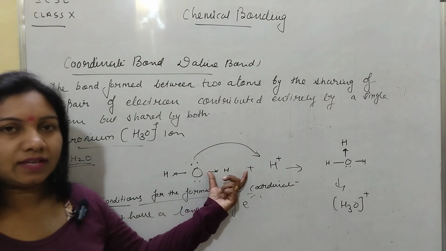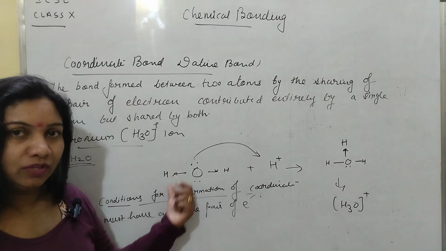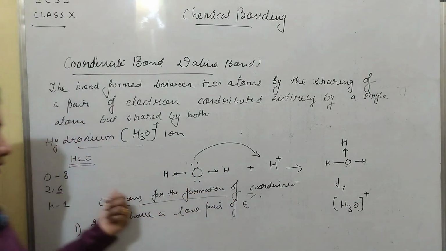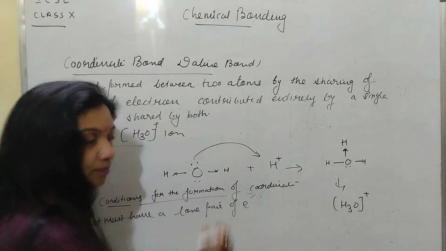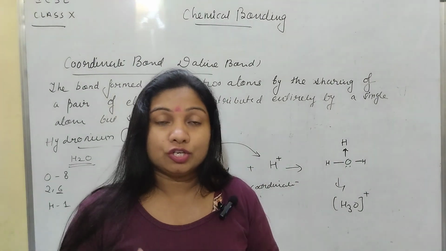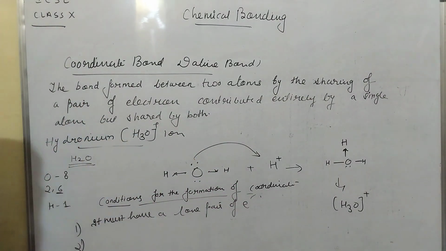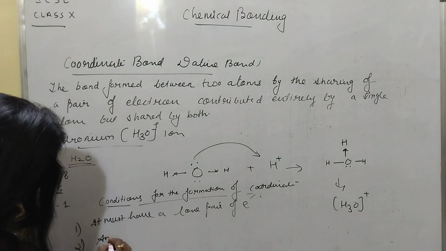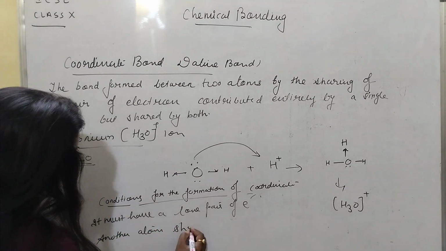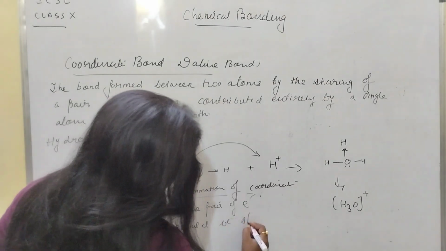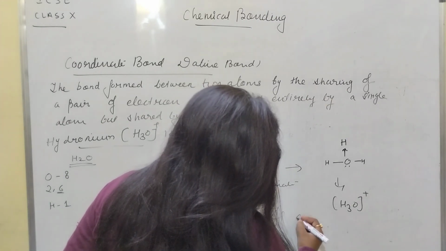Out of the two combining atoms, one should have a lone pair of electrons. Then only will it donate it to the other atom. And the second condition is that the other combining atom should be short of a lone pair of electrons to complete its octet or duplet. The other atom should be short of a pair of electrons.